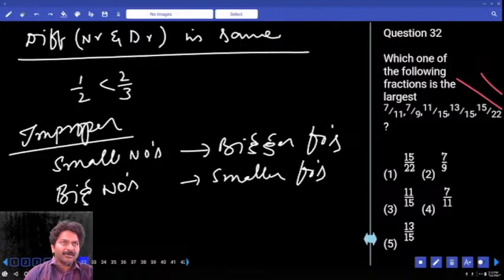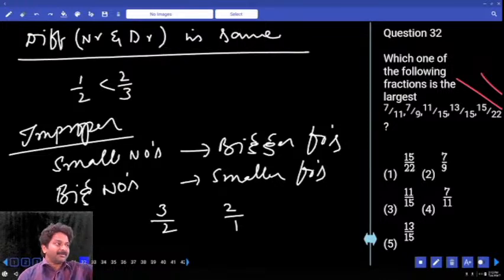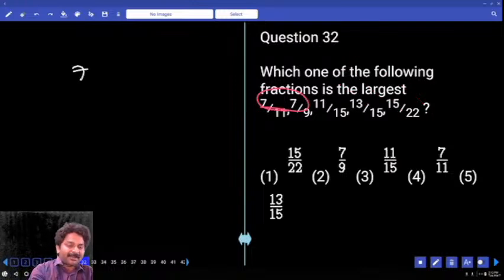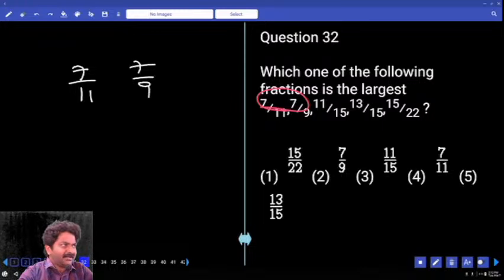Here also you can take your own example, like 3 by 2 and 2 by 1. 3 by 2 is 1 and a half, 2 by 1 is 2. 3 by 2 is less than 2 by 1. Small numbers are bigger fractions, big numbers are smaller fractions. Got it? So if numerators are the same, based on the denominator we concluded 7 by 11, 7 by 9. Have you understood everybody?